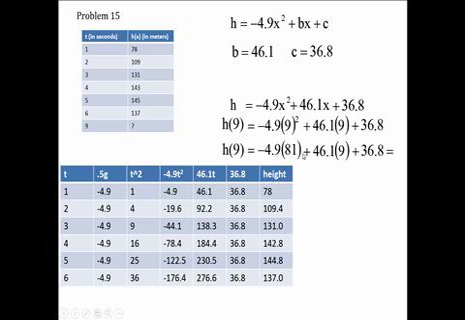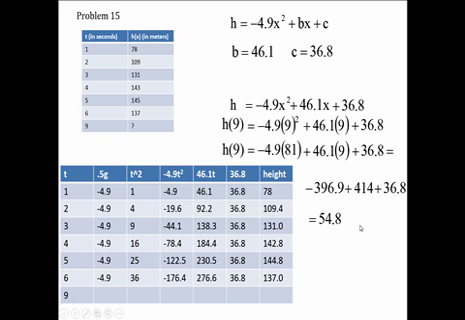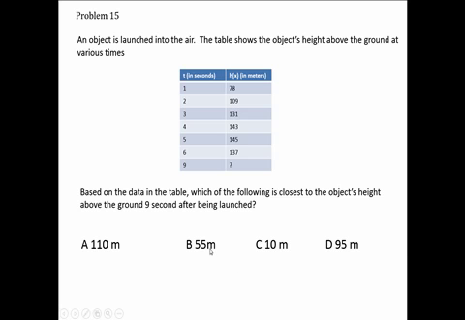Bring that down, and 36.8. We're getting exactly 54.8. And that corresponds pretty close. Fill in your chart here with these numbers. That's about 55. So of my 4 values, 55 is the closest, because we're getting 54.8.